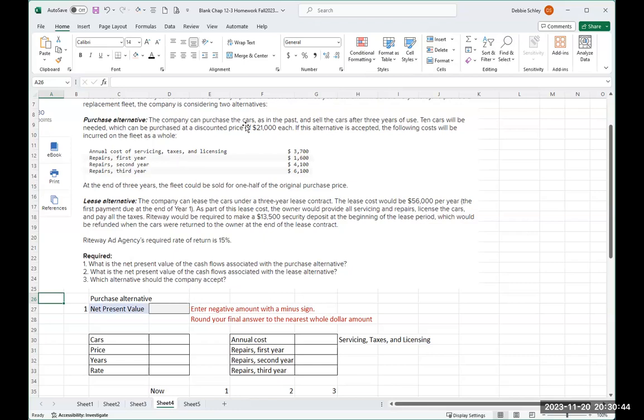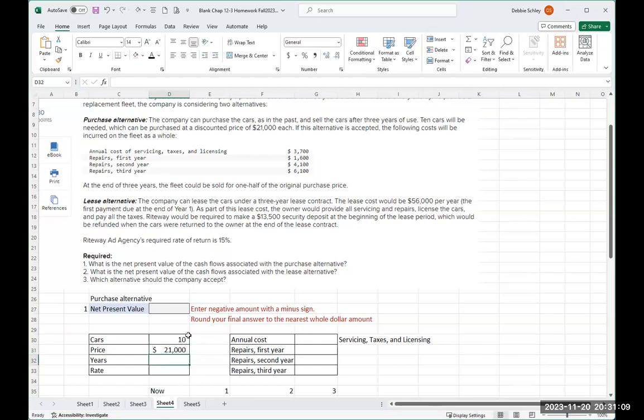The company can purchase the cars as in the past and sell the cars after 3 years of use. 10 cars will be purchased, so I'm going to put 10 right there for how many cars, at a discounted price of $21,000 each. I'm going to put that right here.